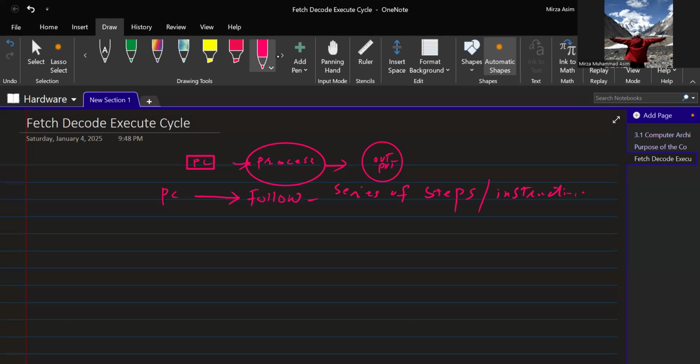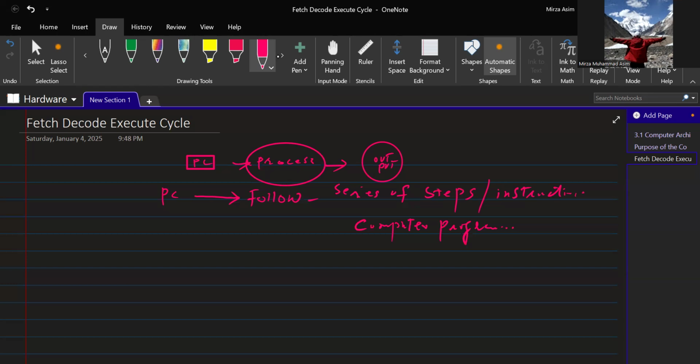And technically, we call it a computer program. Is that clear, boys and girls? Your computer follows a series of steps or instructions, and we call it a computer program. It happens all the time.